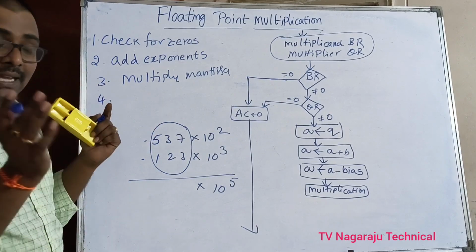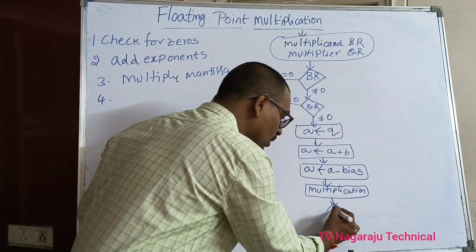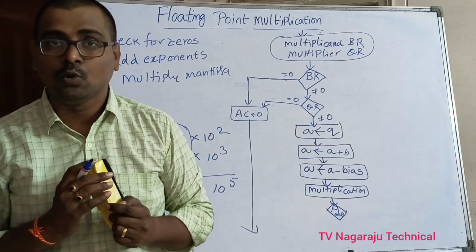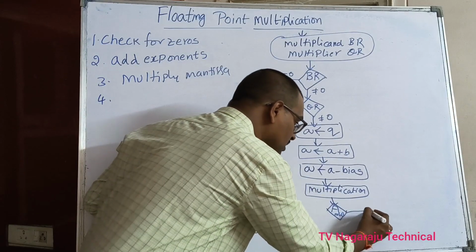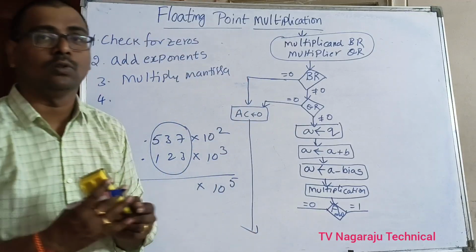Once the fixed point multiplication algorithm finishes, it produces some result. After it generates the result, you need to check the A value, that is, the MSB of the A value. Whether the value is equal to 1 or equal to 0, that is the case.